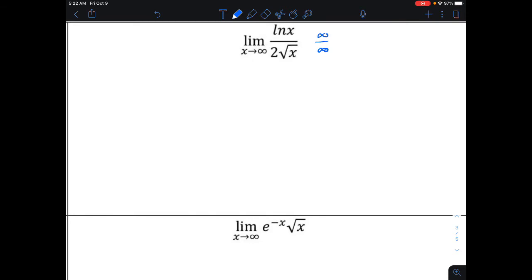So we have to show what these limits are. Even though we did direct substitution, we need to show that the limit as x approaches infinity of the natural log of x is equal to infinity, and the limit as x approaches infinity of 2 times the square root of x is equal to infinity.